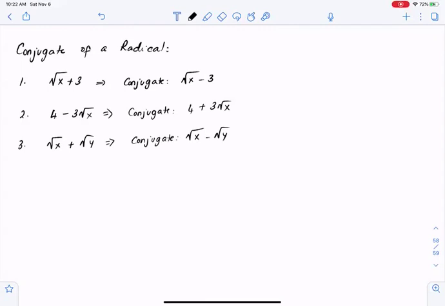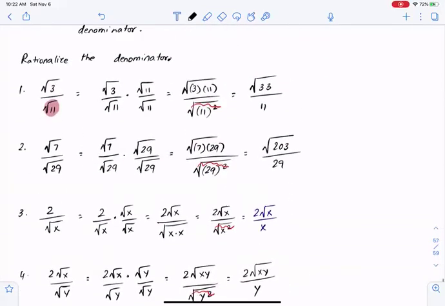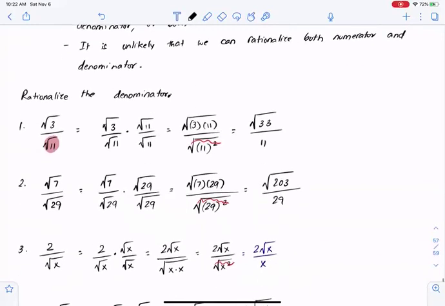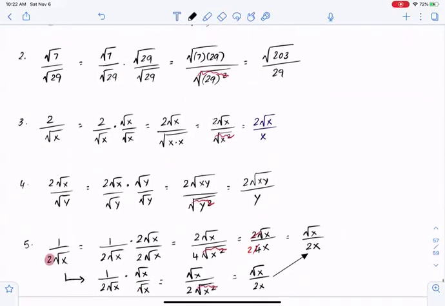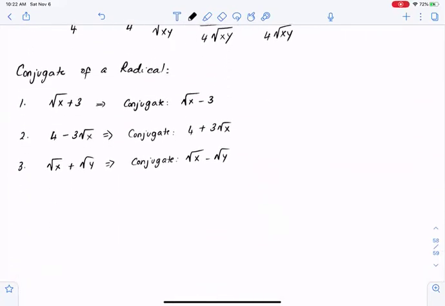So if we have two terms, and if one or both of them are radicals, and we want to rationalize either the numerator or the denominator, we need the conjugate, otherwise we cannot rationalize. If you look at all the previous problems, we did not have two terms. We simply had one radical term, so we easily multiplied and divided by that radical term.